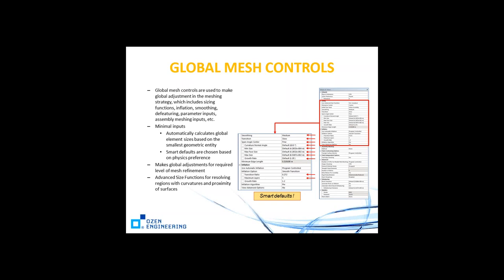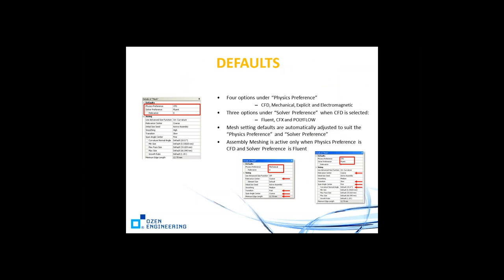And what can you play with in there? You can play with physics preference, meaning that you can specify if you're going to do CFD or FEA, and then you can also specify global controls like global element sizes. So you can control globally what the mesh setting should be.